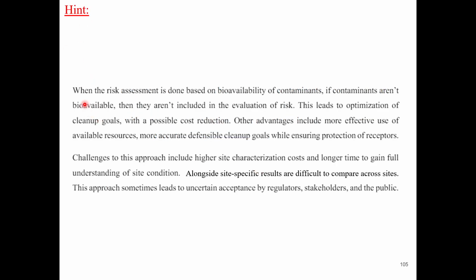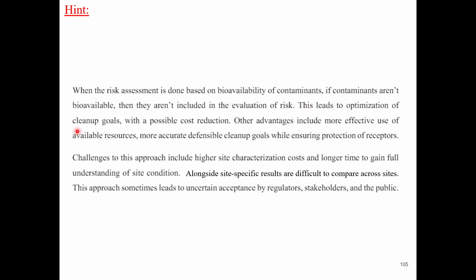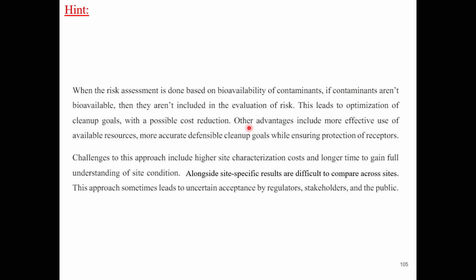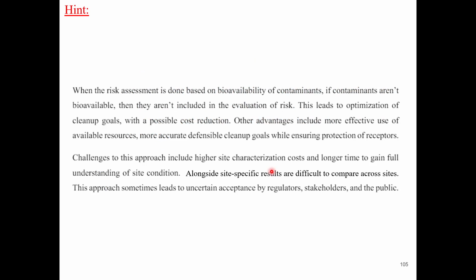Here also the hint is given. When the risk assessment is done based on bioavailability of contaminants, if contaminants aren't bioavailable, then they aren't included in the evaluation of risks. So that is correct. This leads to optimization of cleanup goals with a possible cost reduction, so the cost claim is wrong. Other advantages include more effective use of available resources and more accurate defensible cleanup goals, while ensuring protection of receptors.